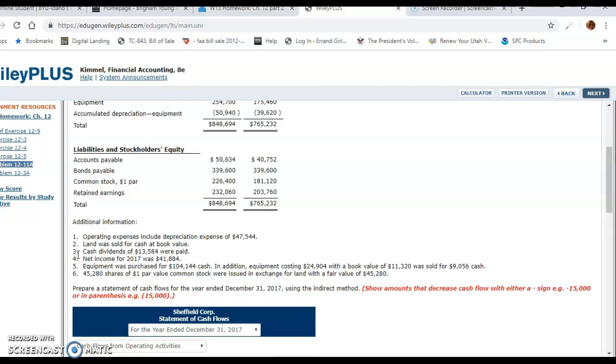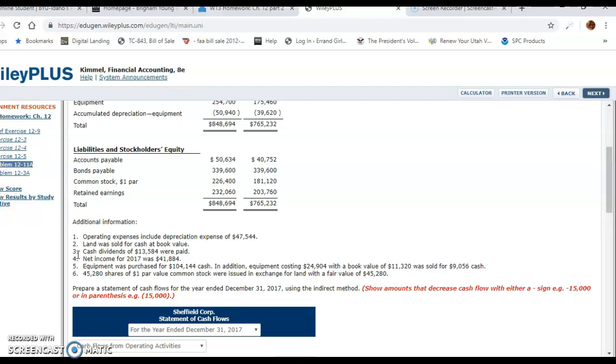So let's see. Cash dividends. But then we also have financing activities that are stockholders' dividends. So we'd have to decide where that one goes. Cash dividends of $13,584 were paid.